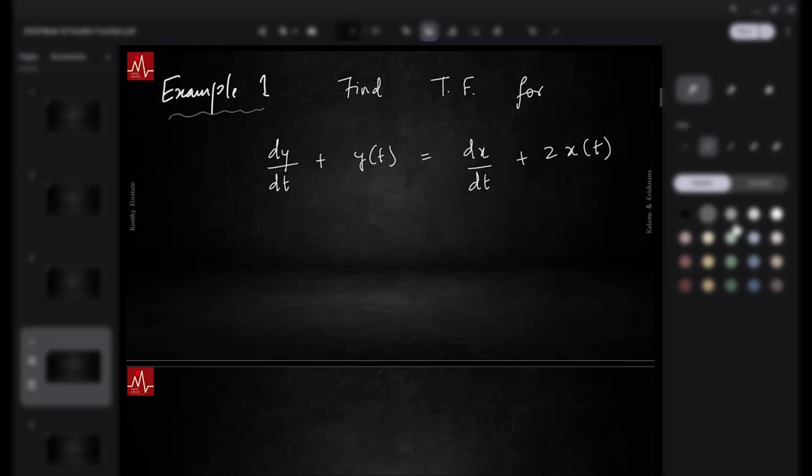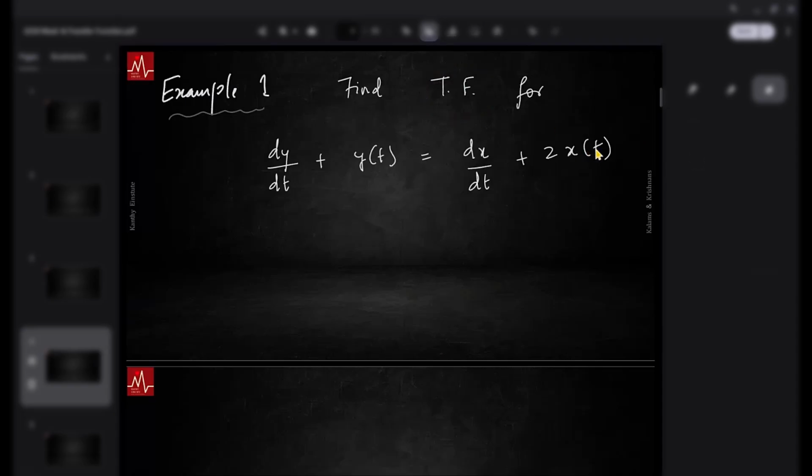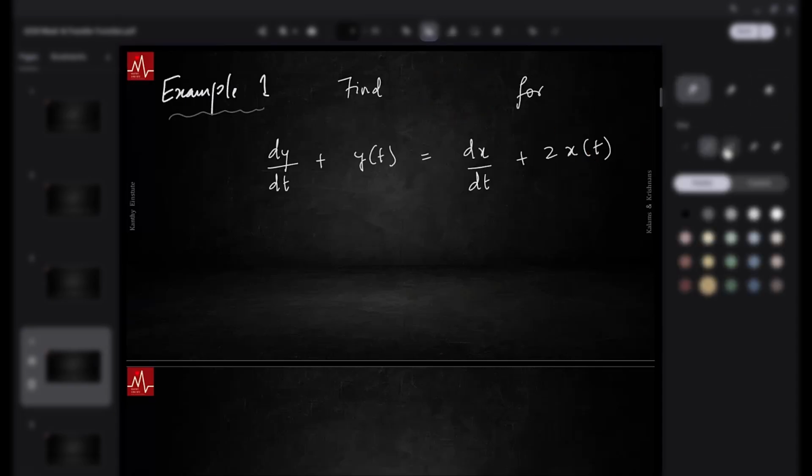Okay, so this is concerning, just find the transfer function. Let me also write down what a transfer function is. The transfer function by definition, say T(s), is the ratio of output to input, Y(s) by X(s).